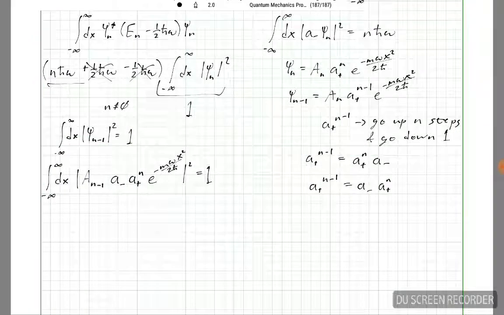Now I'm going to do the same thing I did before. I'm going to multiply both sides by an, and I'm going to multiply it just by the negative because I want the wave function to be real. Because we're going with this assumption this guy's real.